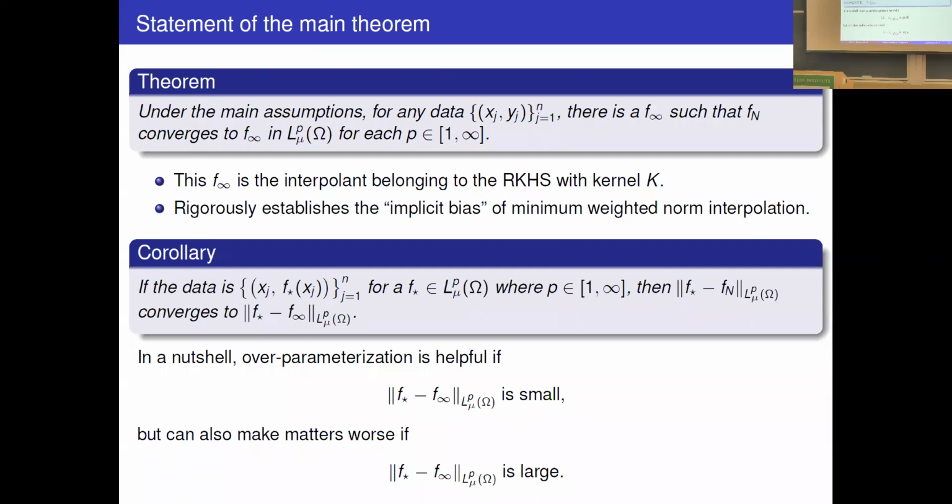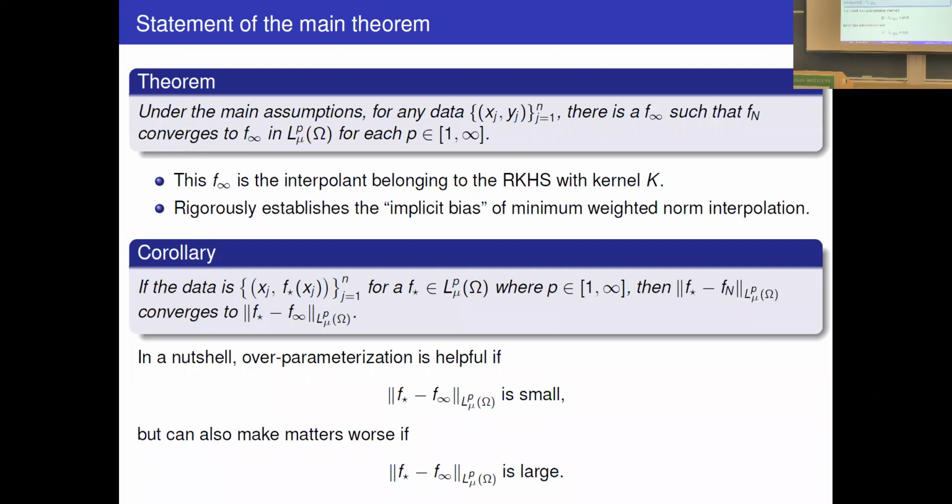I absolutely agree that we won't be able to know, but this is how I'm getting away with it: I'm only looking at a particular F star, not an entire function class. I think this is one of the differences between, say, Simon's talk and mine, where he's looking at an entire function class, the sup of F in a function class. Here, I'm just looking at a particular F star, and whatever function class it belongs to, it is what it is.